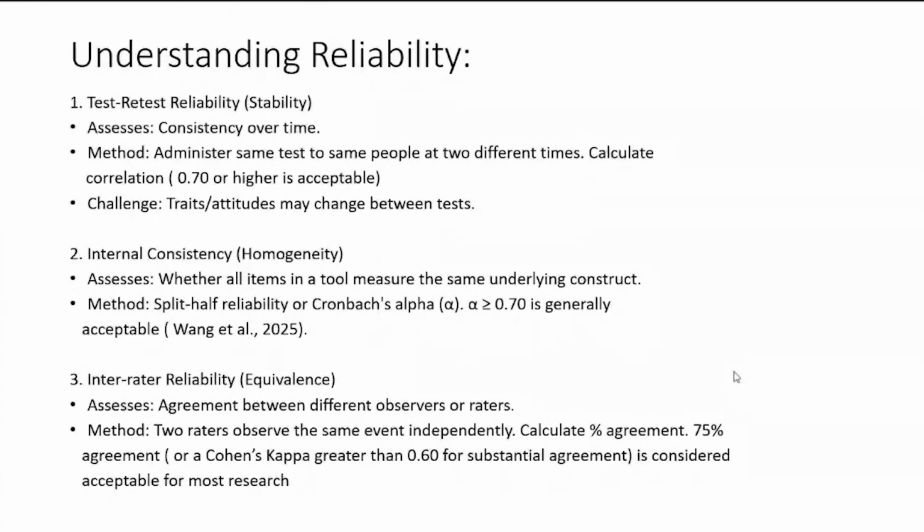Those observers will rate it, maybe each of the items within the instrument. So you input whatever they have rated and you calculate this particular value. If you have a value that is greater than 0.60, then that instrument, based on inter-rater reliability, is highly established.